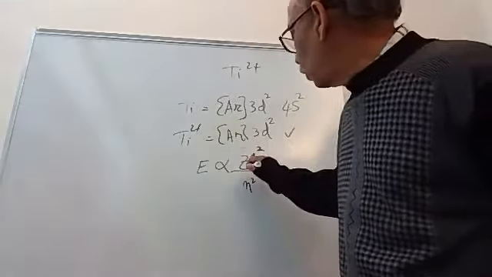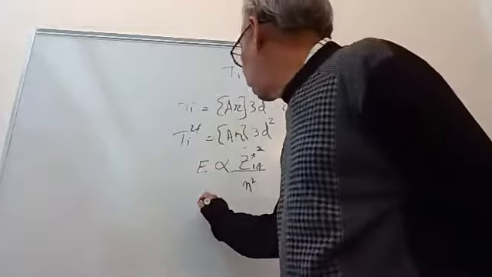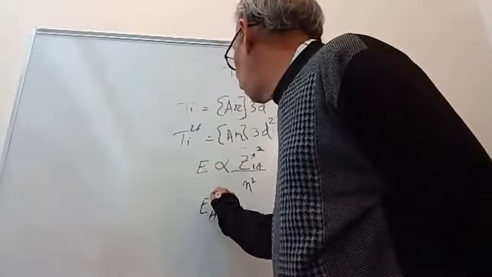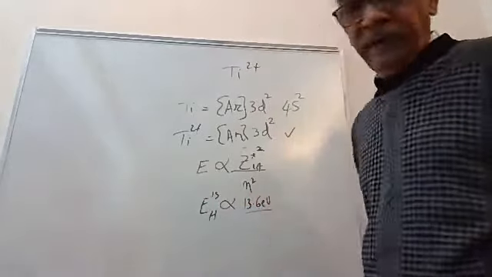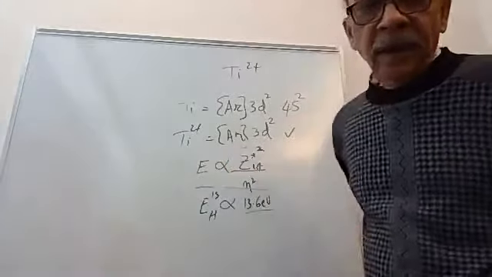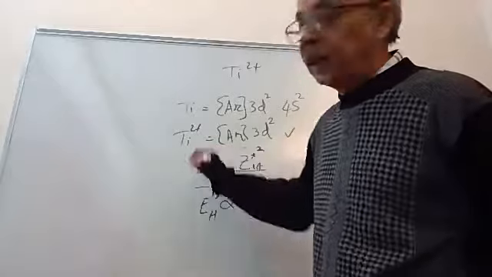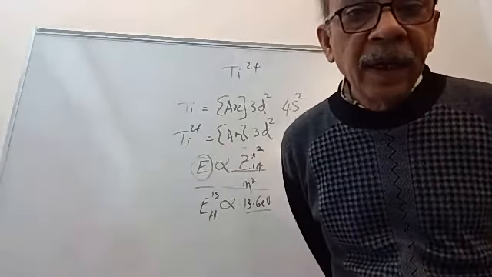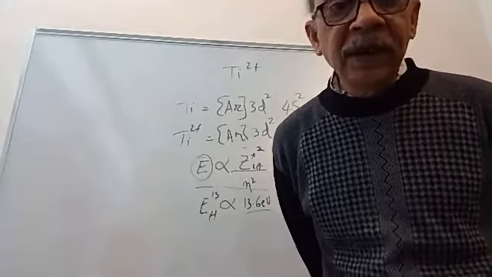The energy of the 1s electron of hydrogen is 13.6 electron volts. So if you take the ratio on both sides, you will be able to calculate the energy of any electron in an atom. That is the most powerful thing about Slater's rules.